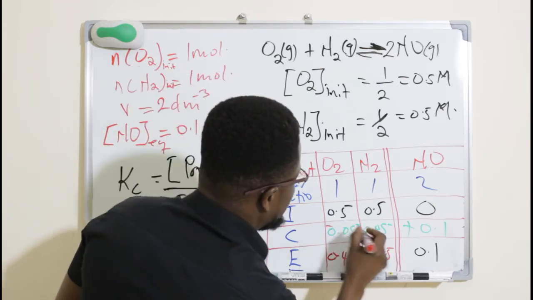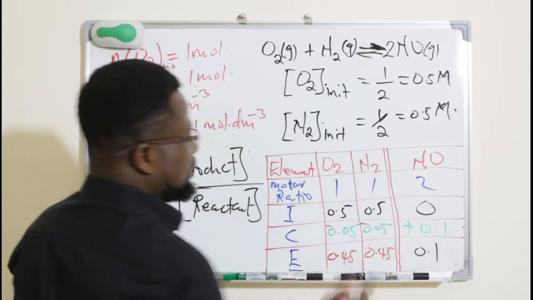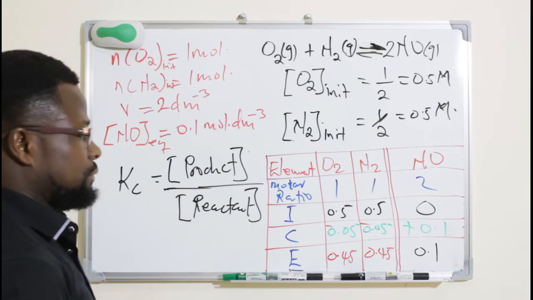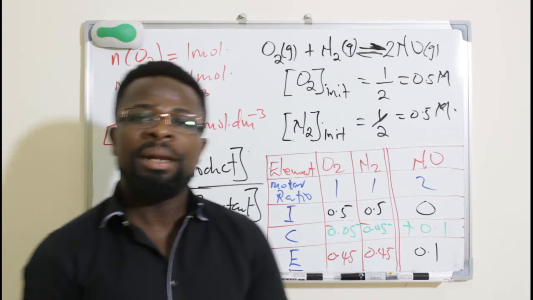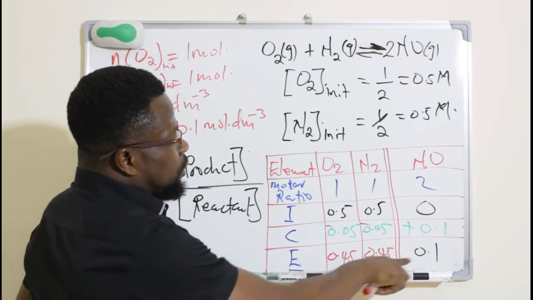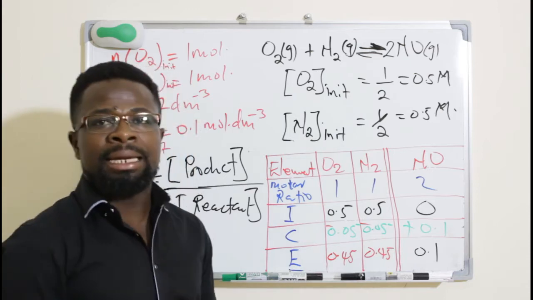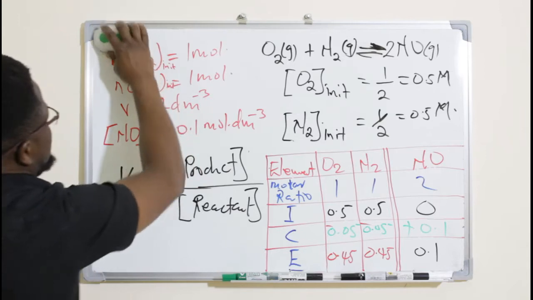Pardon me for putting the negative sign here, so you will remember that the reactant should be negative and our product should be positive. Okay, so I've subtracted, and the table is now completed. I have gotten all the equilibrium concentrations. That is what I need in the calculation.